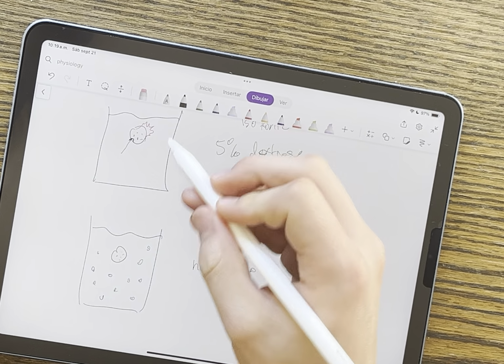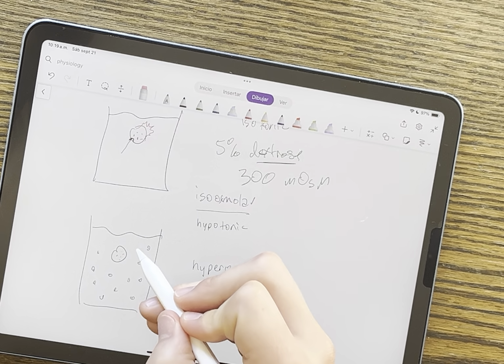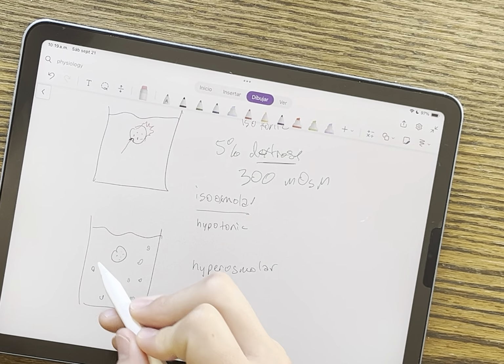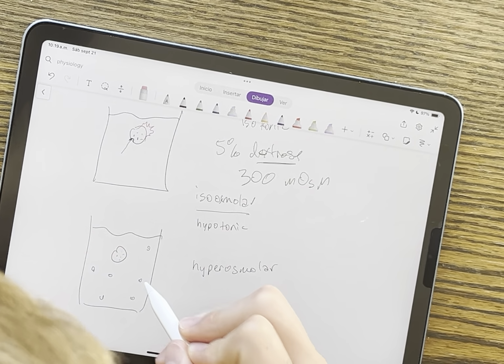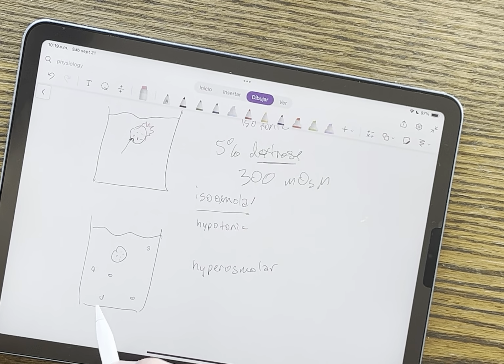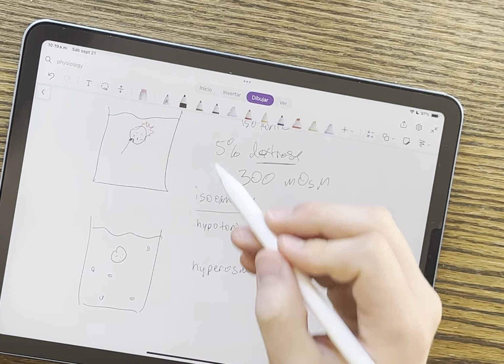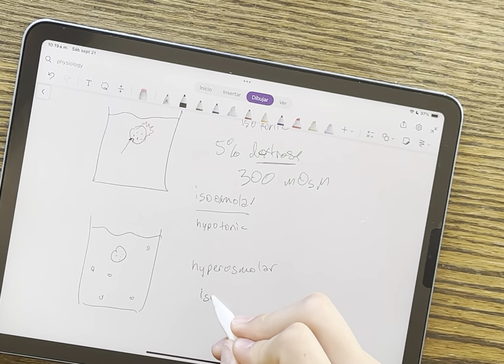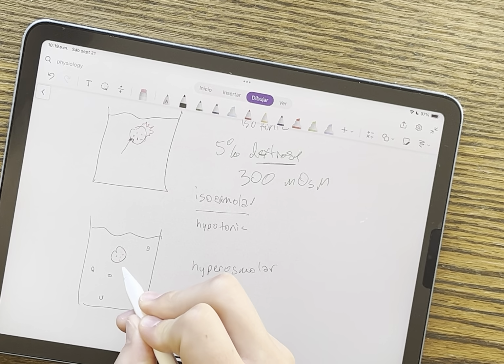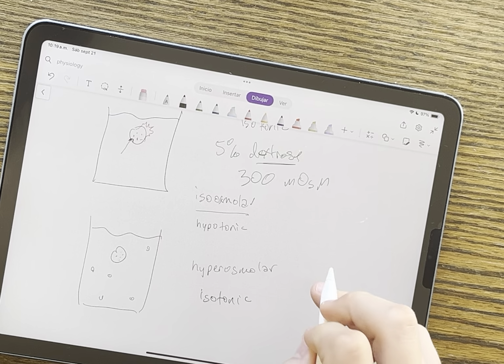What happens though, as we know, is dextrose is going to move into the cell and get used up and metabolized, leaving us just with our saline. So now we have 300 milliosmolar inside and outside the cell. This makes it isotonic, meaning the cell isn't going to swell or shrink. Shrinking is also referred to as crenation.